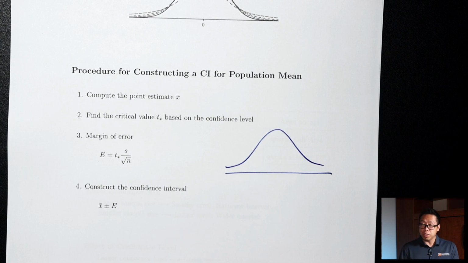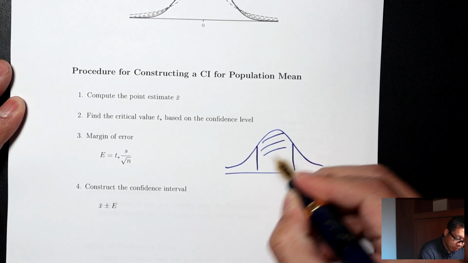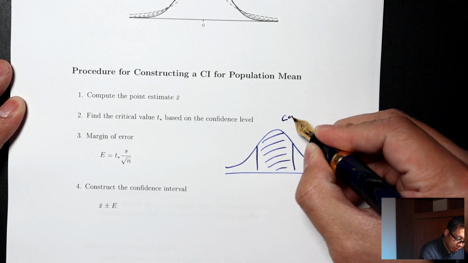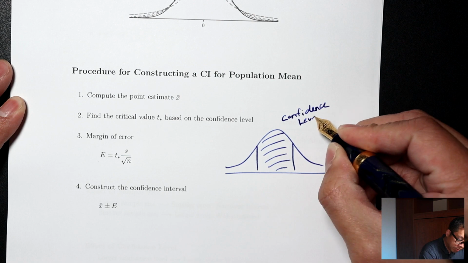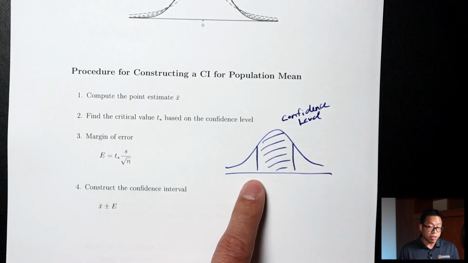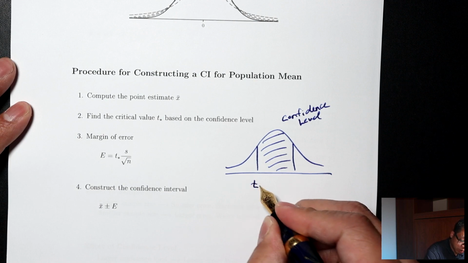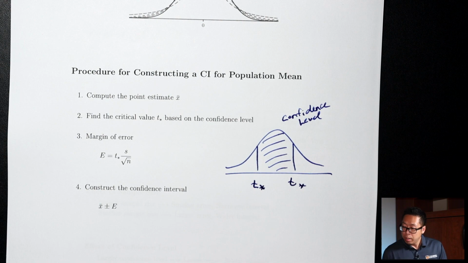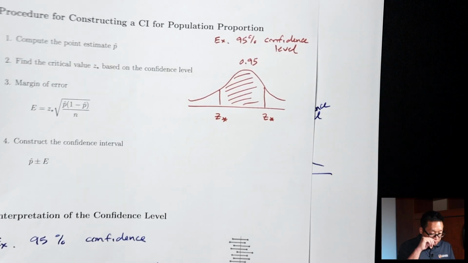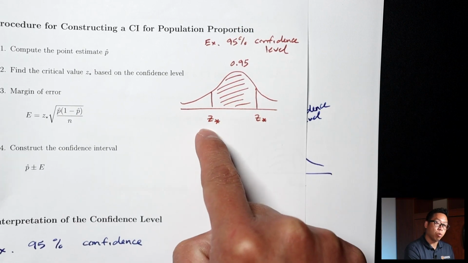The confidence level is still the area in the middle. But instead of finding z stars, because we're using a t-distribution, we're going to find t stars. And in our last lecture, to get the z stars, this was an area to z question.